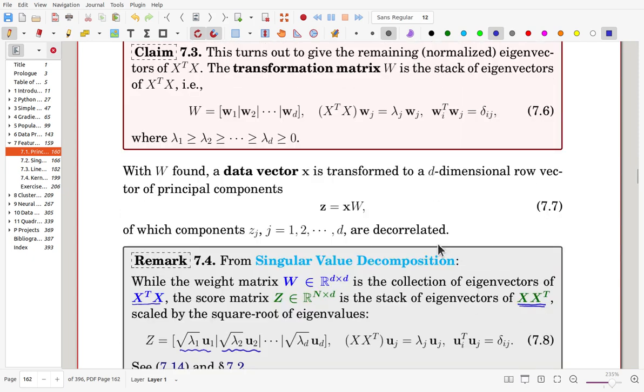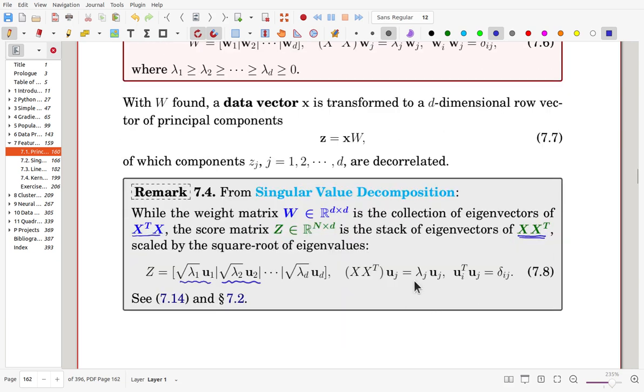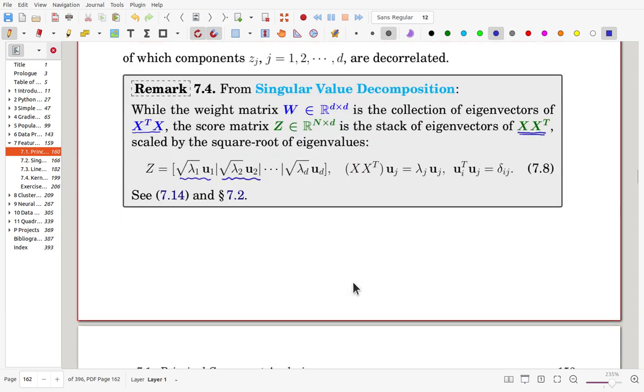Okay, here lambda_j is the eigenvalues of X transpose X. This lambda_j is also the eigenvalue of X X transpose. Okay, this is how to find the weight matrix.